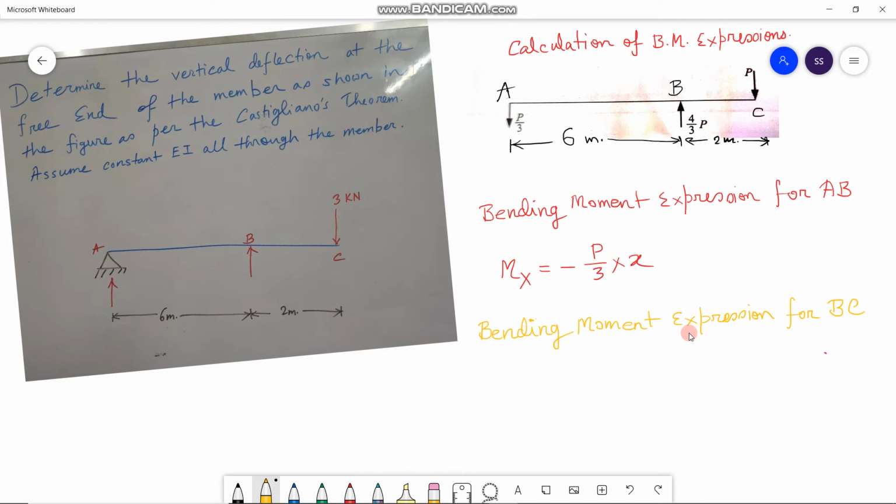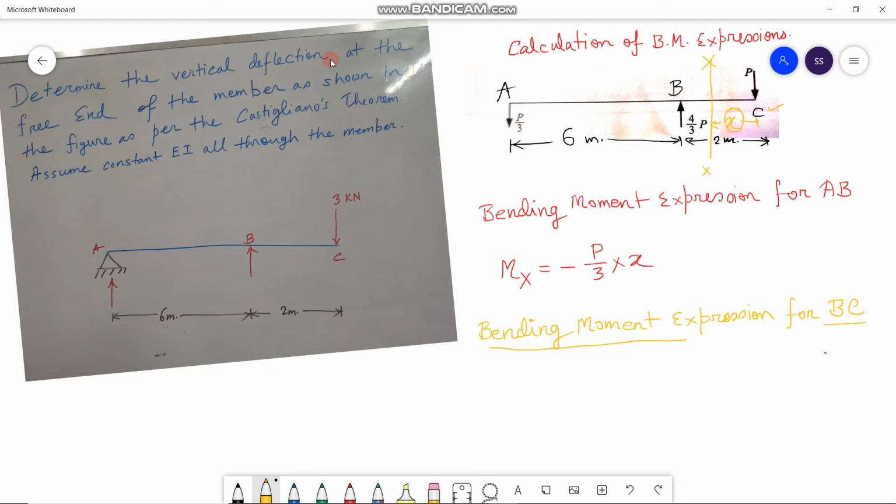Now to calculate the bending moment expression for the portion BC, let us put a section xx at a distance small x from the free end point C. So the distance between the section xx and the point C is small x.